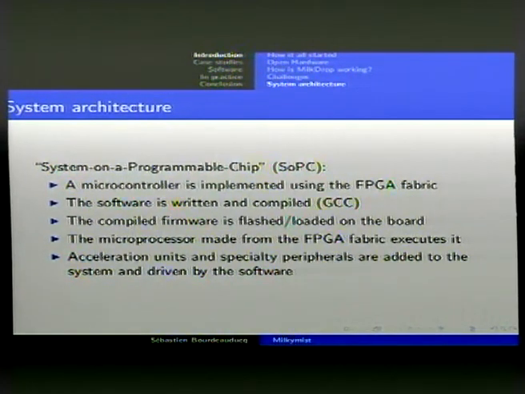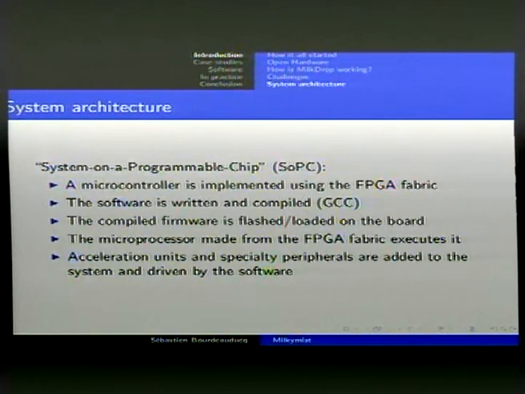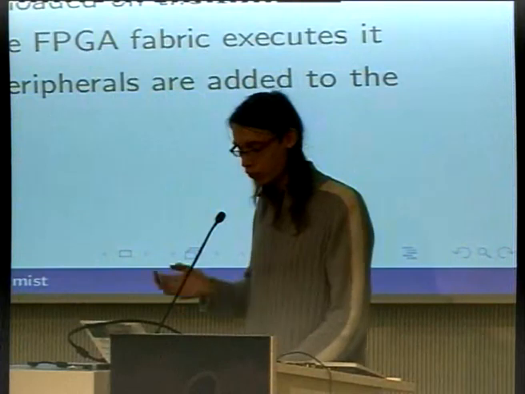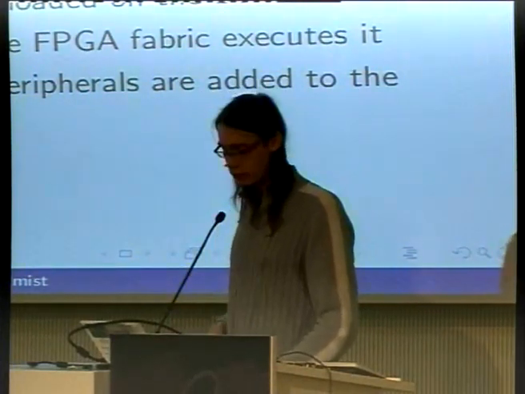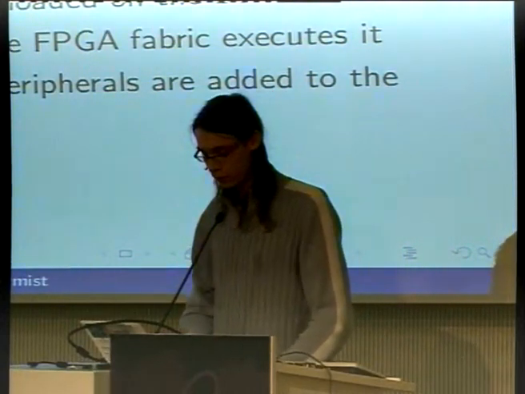The processor that I'm using is the Lattice Mico32, which is supported by GCC. Even the patch is included in the newest GCC. So you compile it with GCC, you load it into the board, and then the microprocessor made from the FPGA fabric will execute your software. From your software, you can drive an acceleration unit and special peripherals that you add into the FPGA fabric.